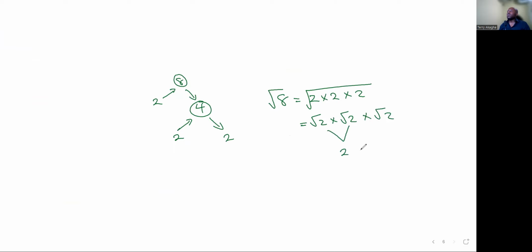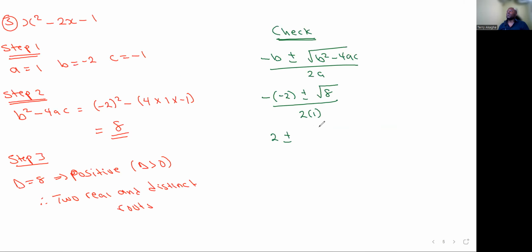This will give you 2 times square root of 2, and that will give you 2 root 2. So please review my video on surds, how to simplify surds. I gave you 2 methods, and I talked about the prime factor tree method.